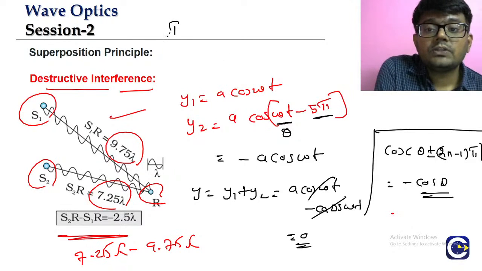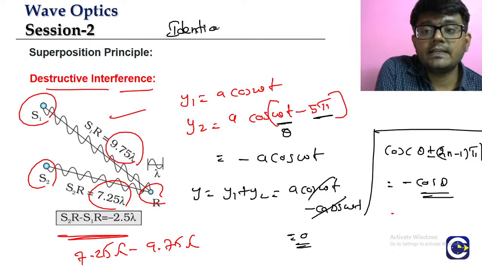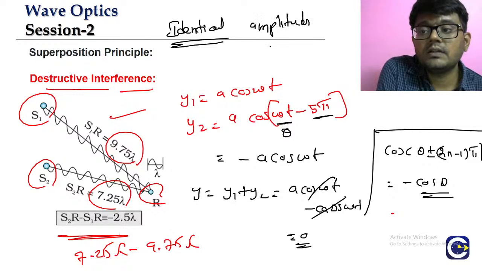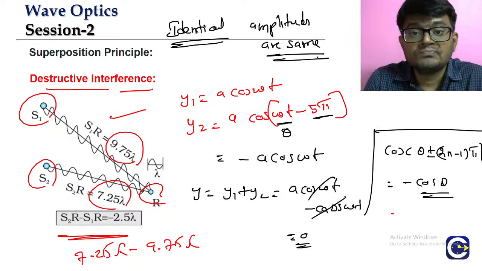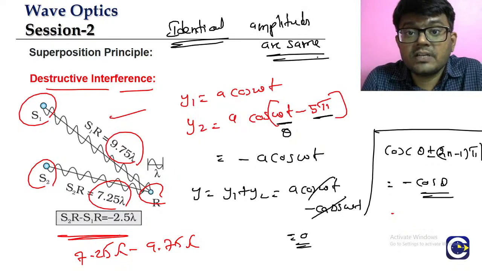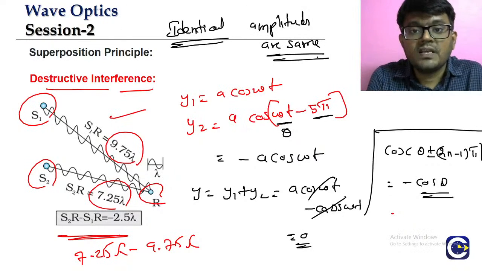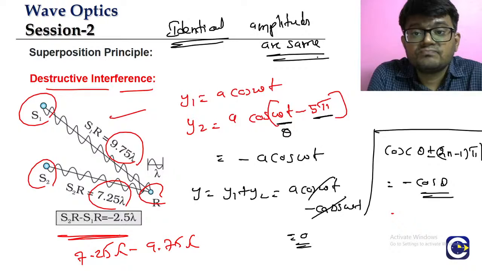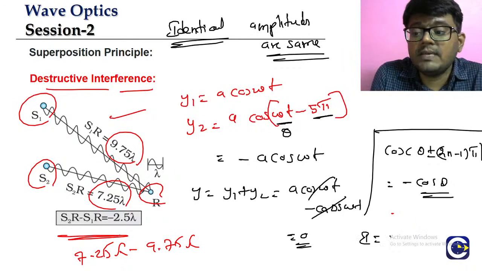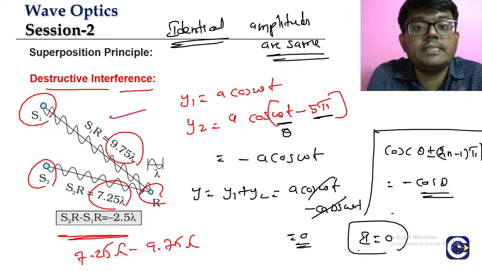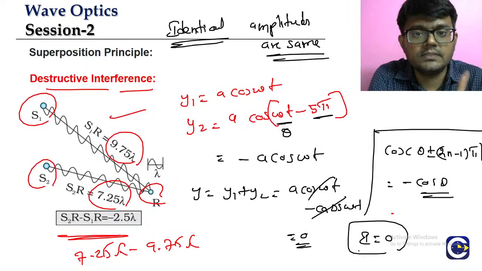Because the sources are basically identical, since the amplitudes are the same. As a result, wherever we have constructive interference, we have complete brightness. Wherever there is destructive, we see complete darkness. So here, completely cancelling means I will be equal to 0. The intensity also will be 0. We will see complete darkness.